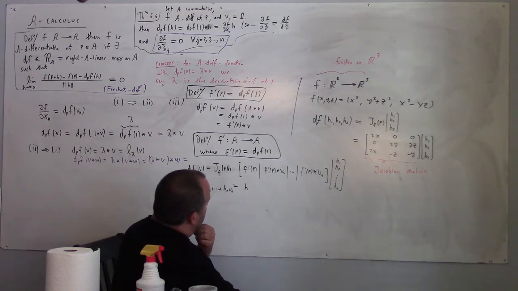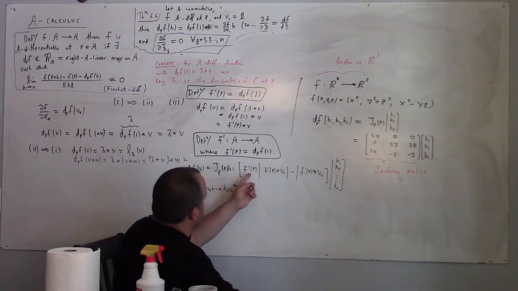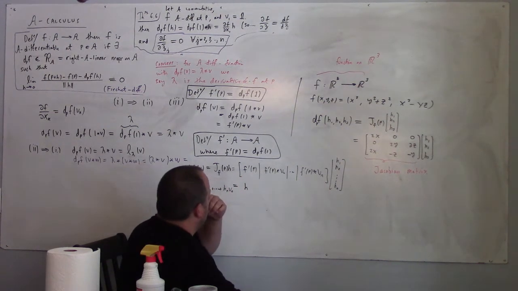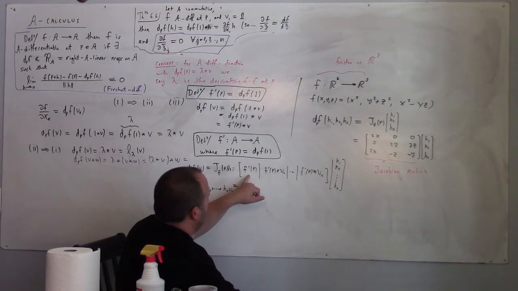Once you convert it back over, pull out the f prime of p, and then you get the identity.